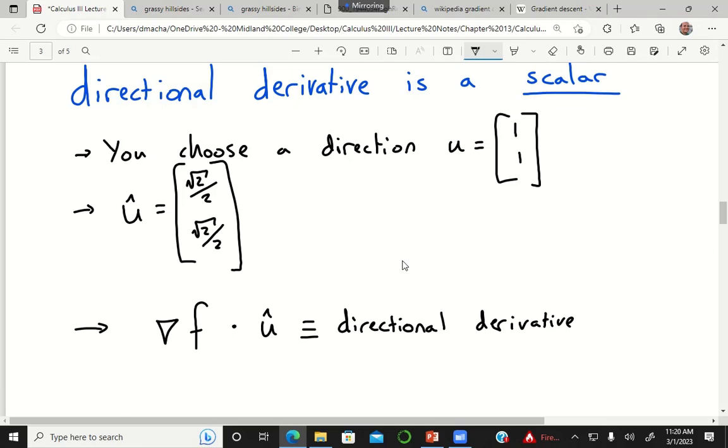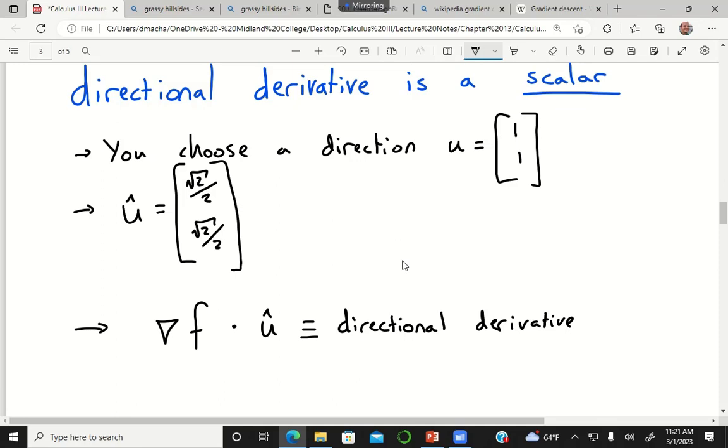Like, how quickly are you moving up or down in altitude if you just start walking in some direction along a hillside? Or, in three-dimensional space, if we've got a function of 3 variables, like a scalar field, then the directional derivative is saying, given a 3-dimensional vector that points in some direction in 3D space, how quickly is the value of the scalar field changing as you move specifically in that direction?